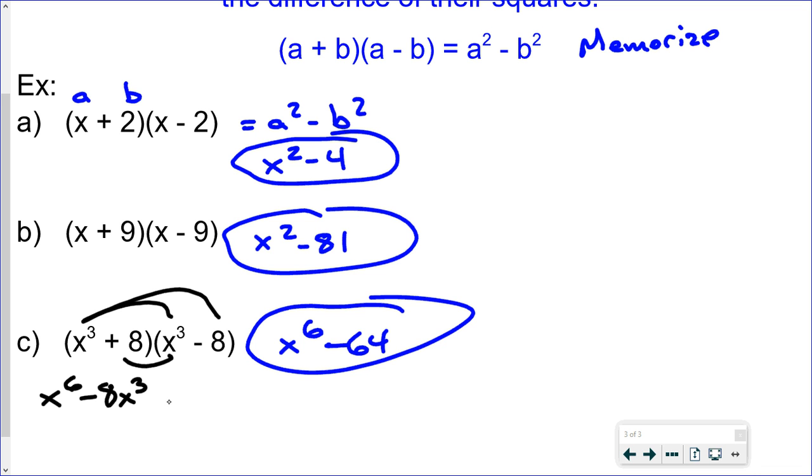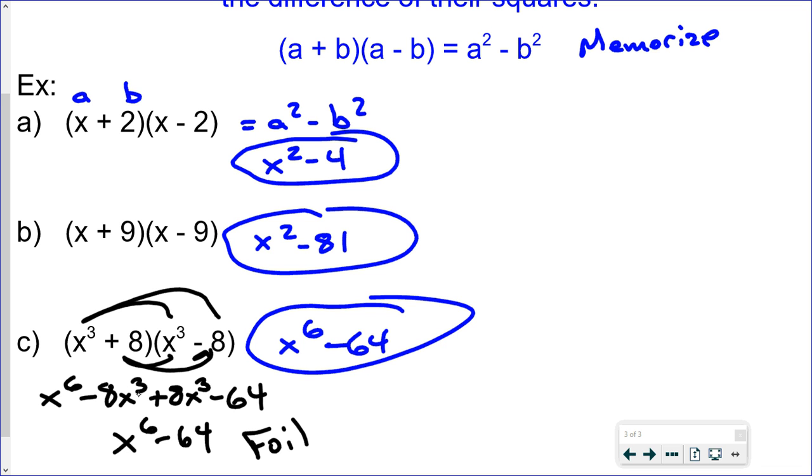Inner, that's plus 8x cubed. And then last, that's minus 64. Negative 8x cubed plus 8x cubed cancel each other out, and you're left with x to the 6 minus 64. I just wanted to show you that it does work using FOIL or one of the other methods. It's just that if you memorize this trick, it's quicker.